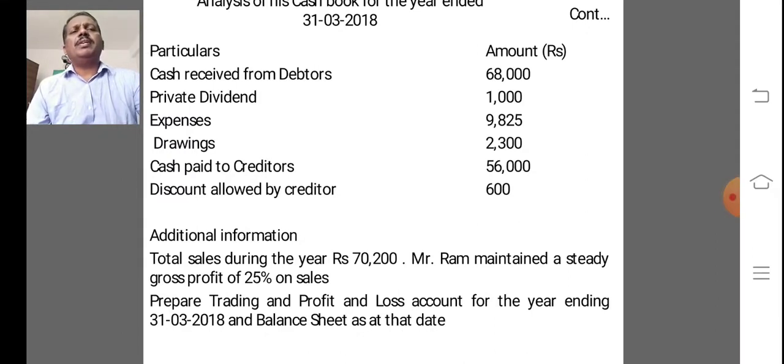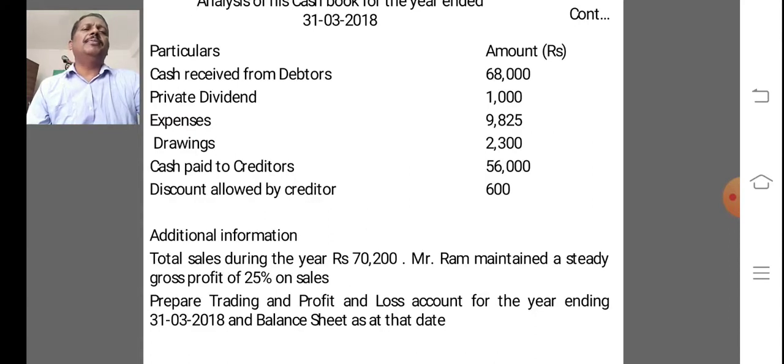Analysis of the cash book for the year ended 31/3/2018. Particulars, amount. Cash received from debtors 68,000.